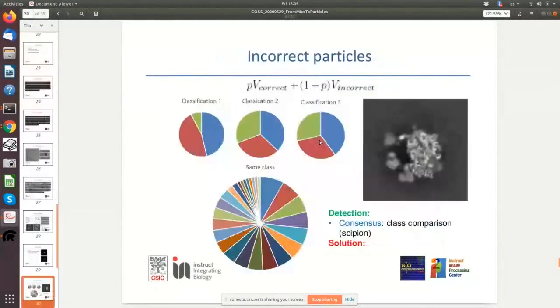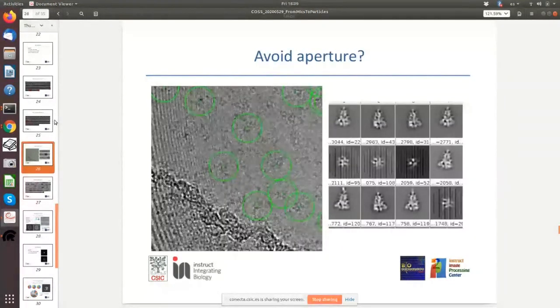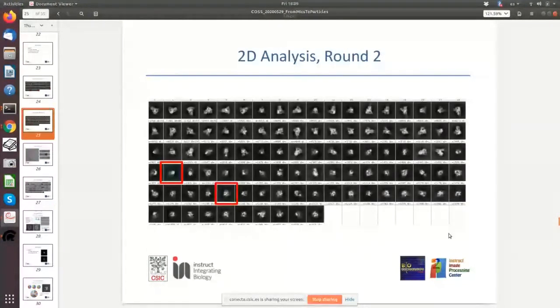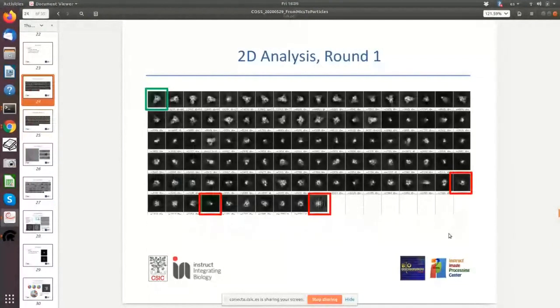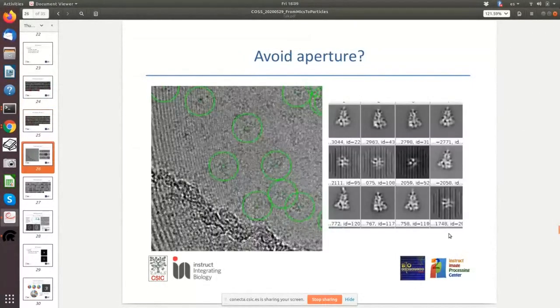So here is another interesting idea. I'll go to, actually, this was going too fast. Yeah, this is what I wanted. So this is the results from the 2D analysis round 1 to the analysis round 2. And this was CryoSPARC. But if you take the same particles classified by CryoSPARC and classify with CL2D, now what you see is that there are many more that have this aperture pattern on top.